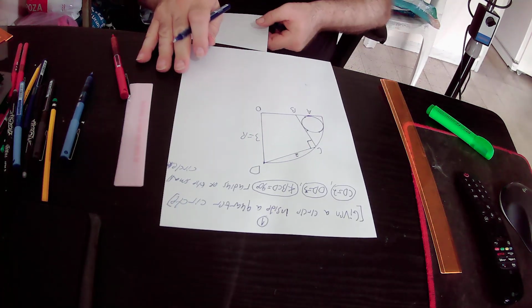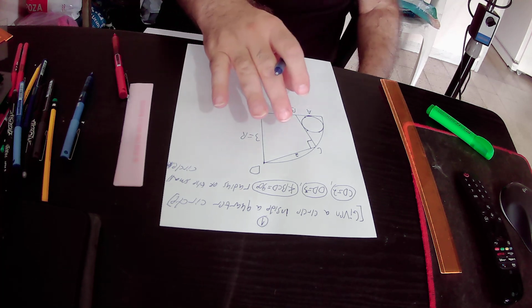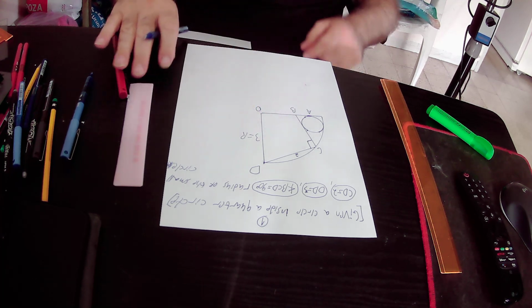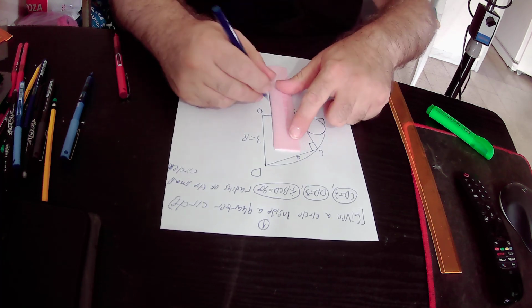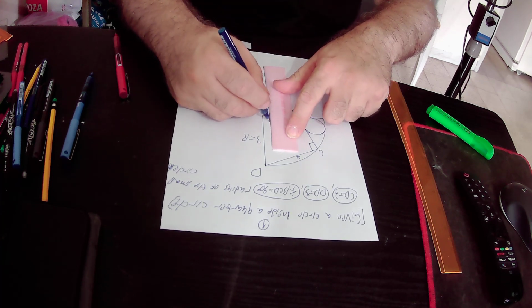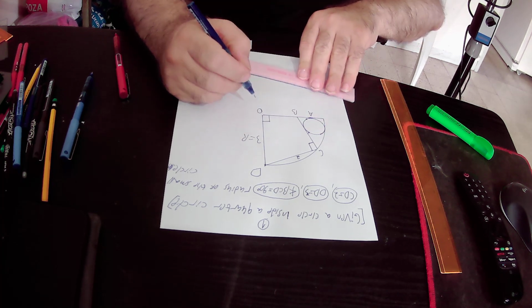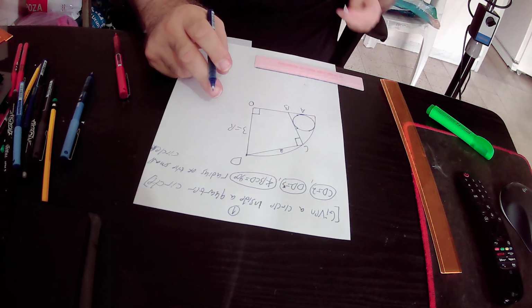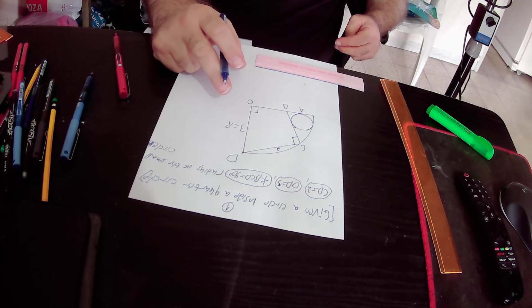And we also know, because we have a quarter circle, angle DOB is a right angle. It equals 90 degrees. Again, we have here two radii.